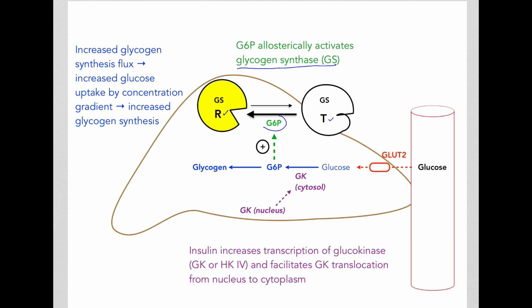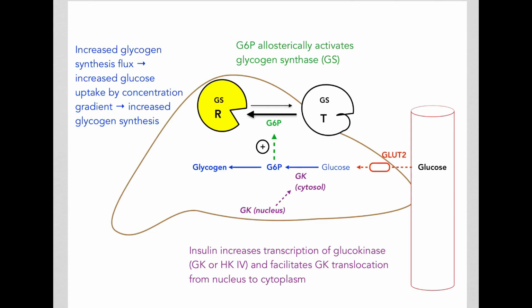Glucose 6-phosphate is a very powerful allosteric activator of glycogen synthase. So it will convert the T form into the R form. So whenever there is a lot of glucose 6-phosphate, the inactive glycogen synthase becomes very active glycogen synthase, and that will lead to increased glycogen synthesis.